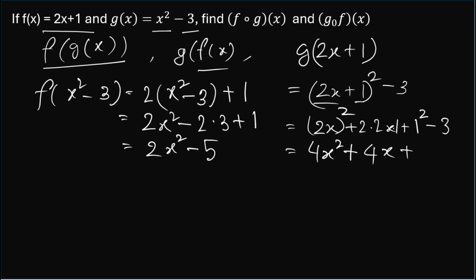So it's 1 and it's negative 3, so we will get minus 2. So now we can take a common of 2, so we will get 2 times (x power 2 plus 2x minus 1). So this is the answer.